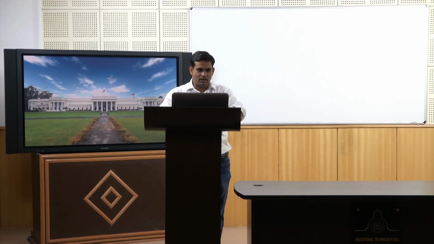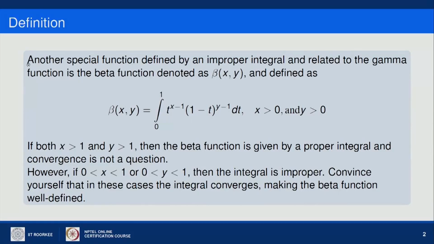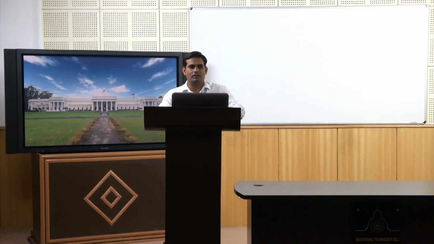So, first of all, let us see the definition of the beta function. The beta function can be defined by an improper integral and is denoted by beta of x, y. So, beta is a function of two variables x and y, while the gamma function was a function of only one independent variable.